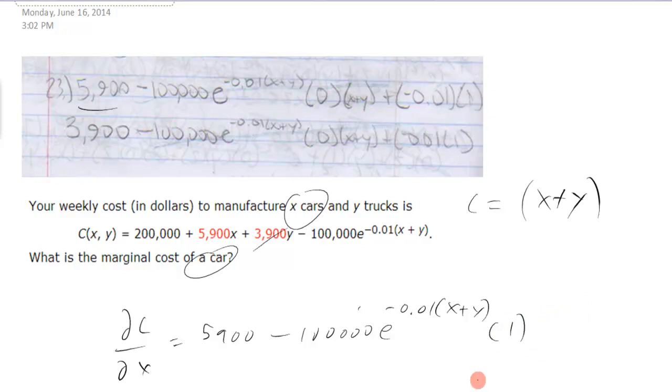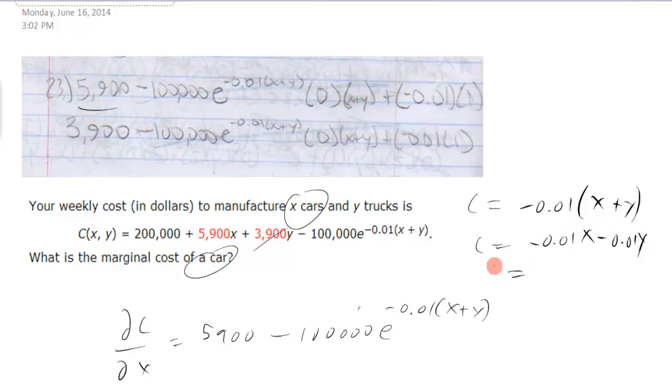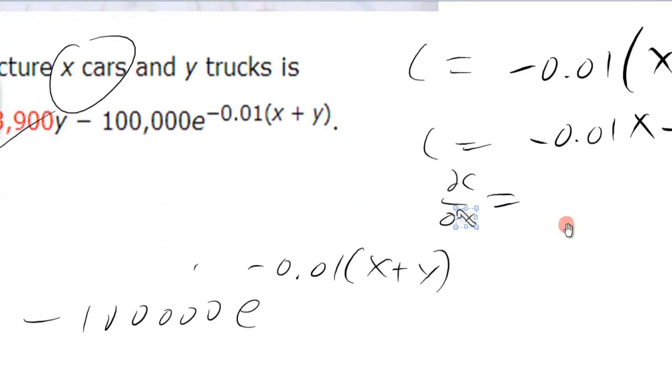Oh, excuse me, I'm a big fat liar. Let's try that again. It's negative 0.01 times (x plus y). So you may want to distribute, so that would be negative 0.01x minus 0.01y.